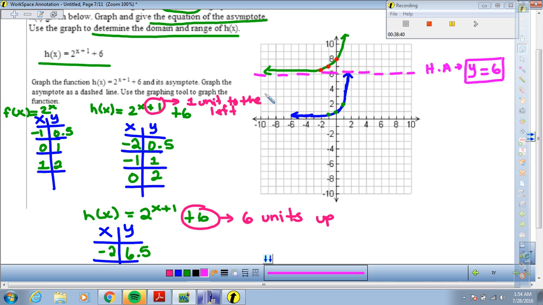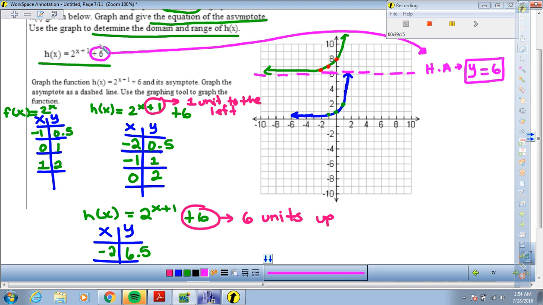Now, you may be thinking right now, oh, so I know what usually the horizontal asymptote is going to be. The number that is being added or subtracted to the function, but that is like to the side. The number that is usually a vertical translation, a vertical shifting up or down, that is usually going to be your horizontal asymptote, and you are right.